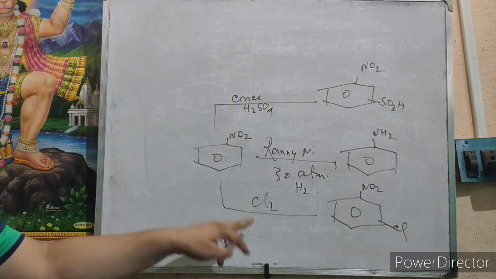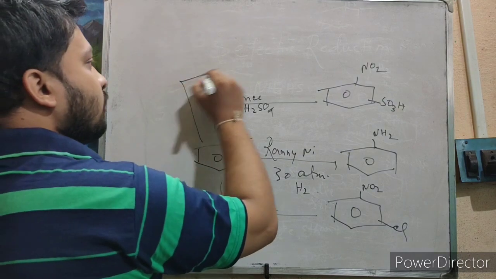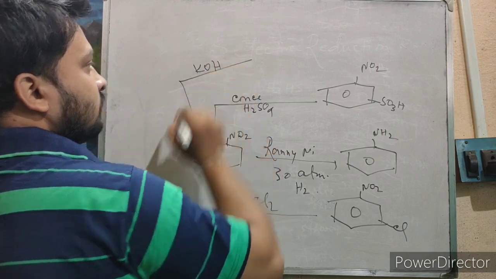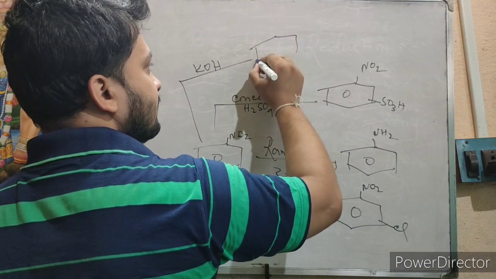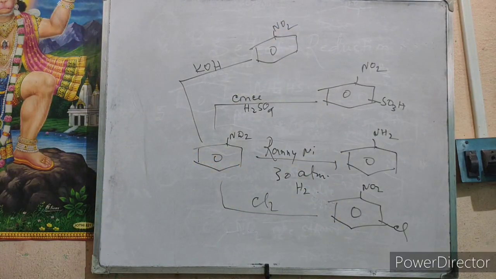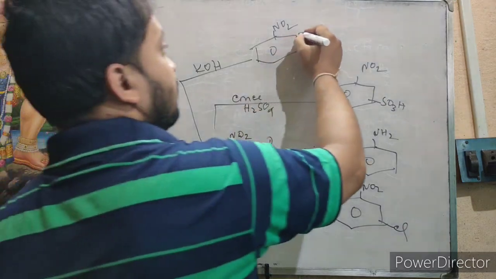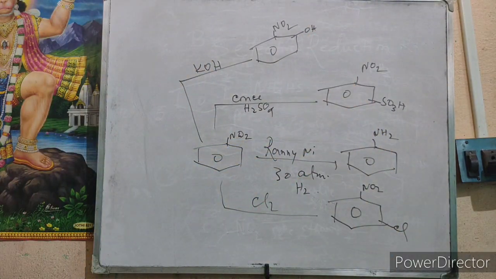This is a sulfonation reaction, this is a chlorination reaction. Okay. If you add KOH to nitrobenzene, it gives you the OH product, but the OH product is at the ortho position. That is the specific one. Okay.